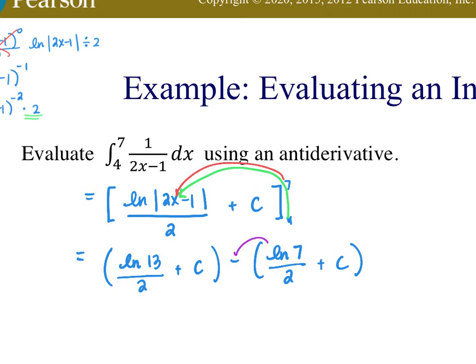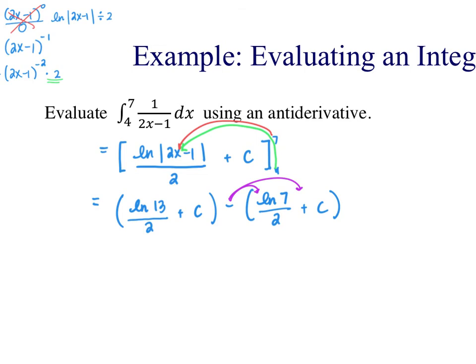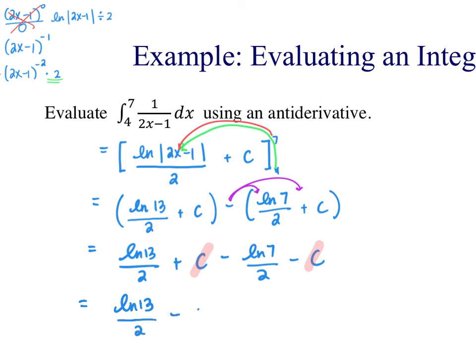And then we'll distribute the subtraction. So we have the natural log of 13 over 2 plus c minus the natural log of 7 over 2 minus c. And then our answer is the natural log of 13 over 2 minus the natural log of 7 over 2.